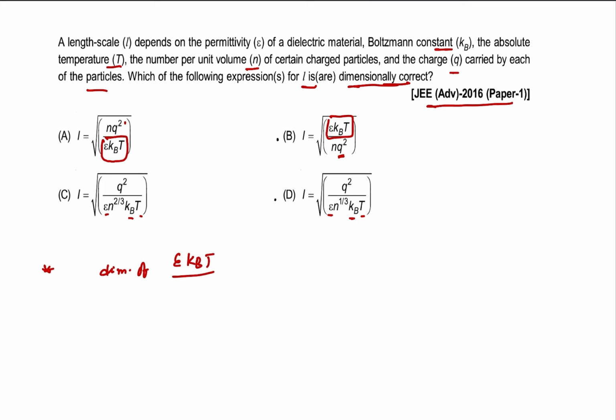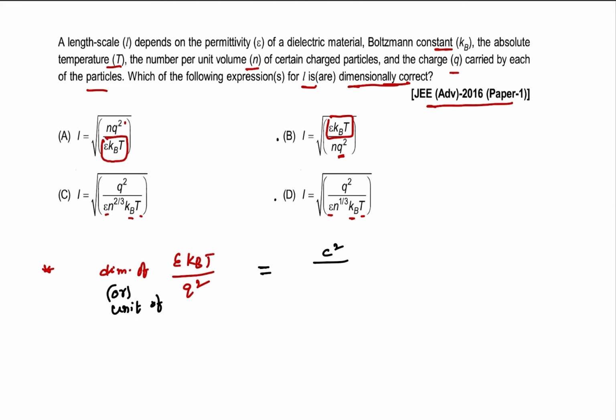First, write the dimension of epsilon kbt divided by the q square term. I am writing the dimension or unit of anything. What is the dimension or unit of this?